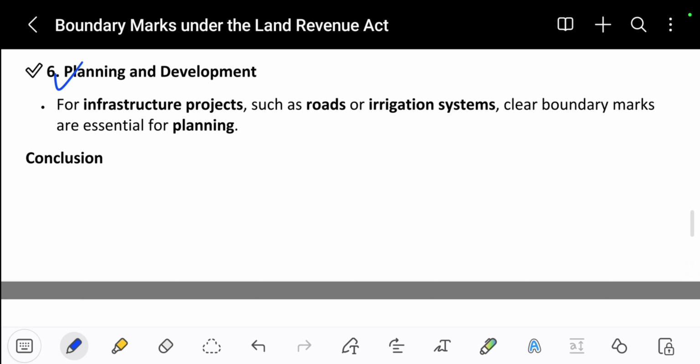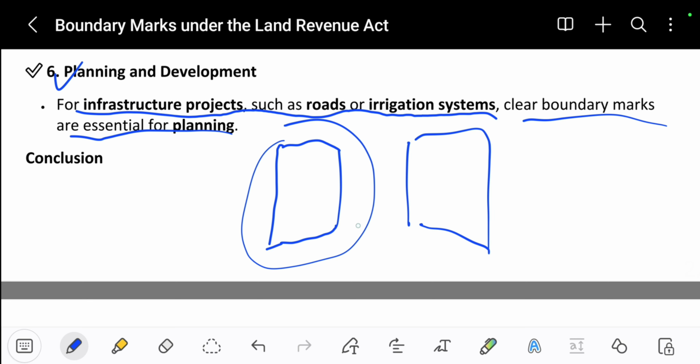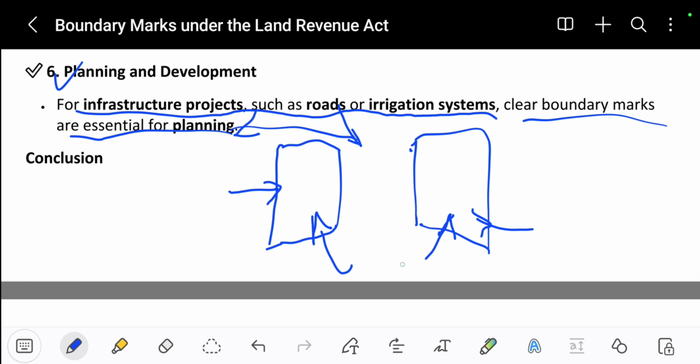Next heading is planning and development. For infrastructure projects such as roads or irrigation systems, clear boundary marks are essential for planning. So basically, if there is a proper boundary mark made for yours, for another person, and for a third person as well, and this person sells his property, and the other person who buys it wants to make a road, then because there are already boundary marks for both of these lands, the new owner will not disturb these lands and will make a road from his own land.